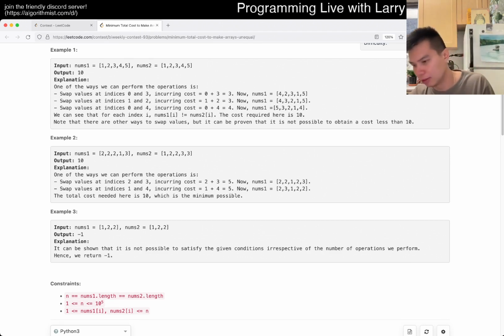Is there a better answer? Let's see. I mean, not a better answer, but a different way of interpreting the answer. Like the 3 goes to here, so then now it's 3, 2. And then now the 2 goes to the 1, so it's 1, 2, and then now you have the 2. 2, 3.